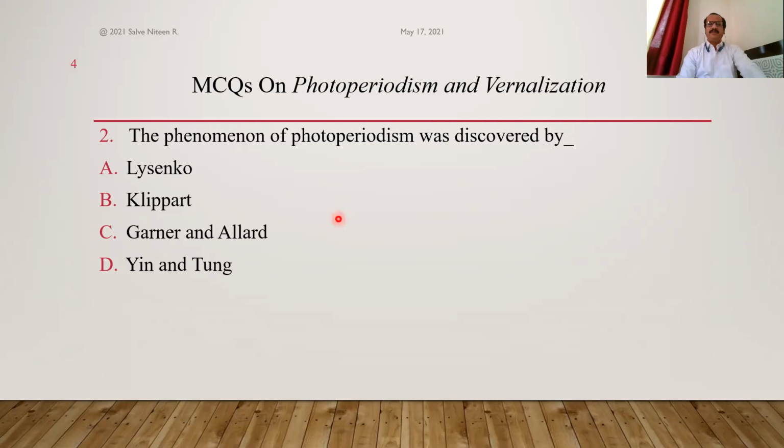They found that these plants require a light period less than critical, and accordingly they called them short day plants, SDP, and classified all plants into SDP, LDP, and DNP, short day plants, long day plants, and day neutral plants, that you have studied. So here the answer is option C, Garner and Allard.